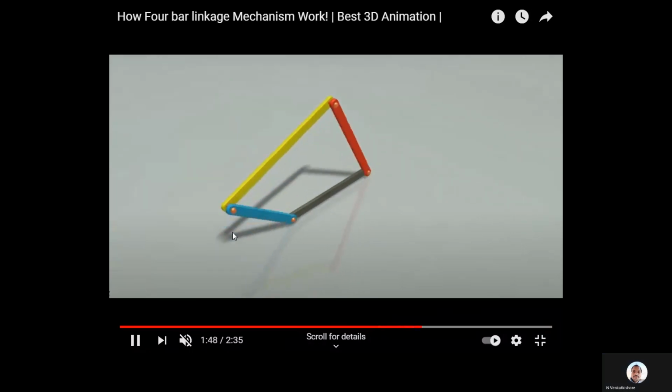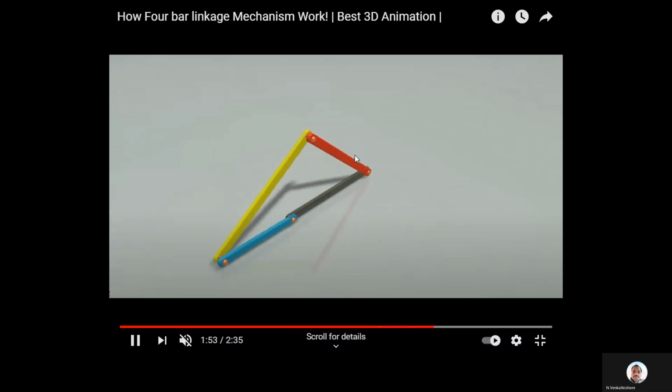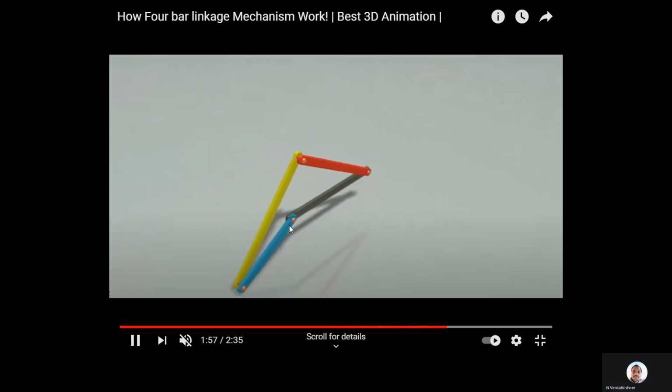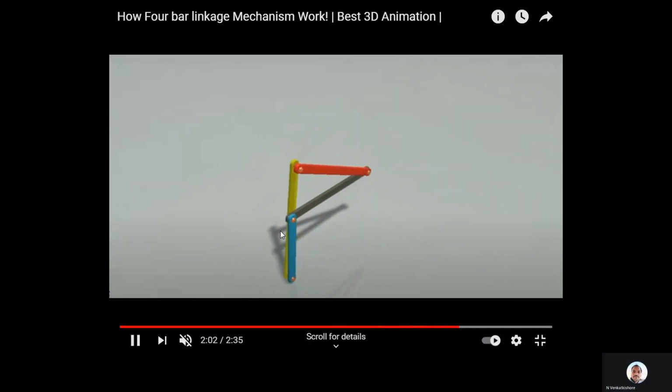So here the crank is rotating 360 degrees and making the lever move in oscillatory motion through a connecting rod. This is the 4-bar chain or quadric cycle chain.